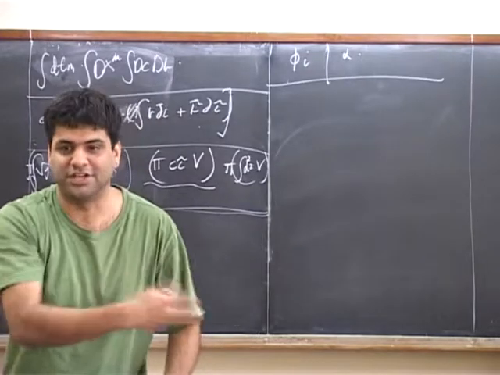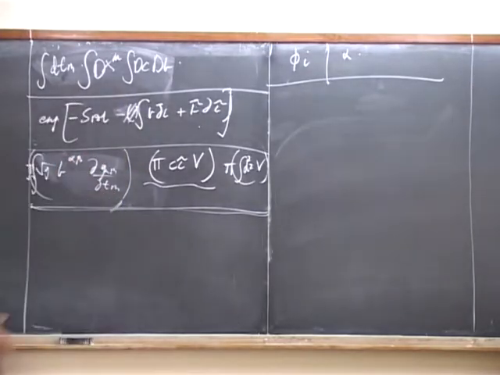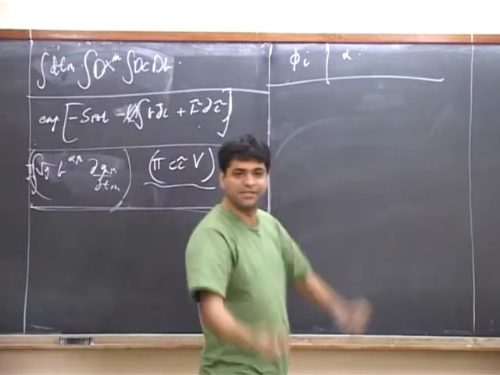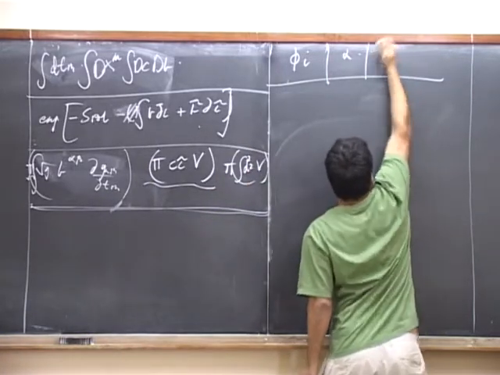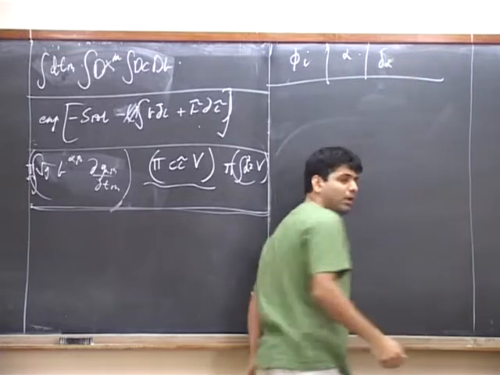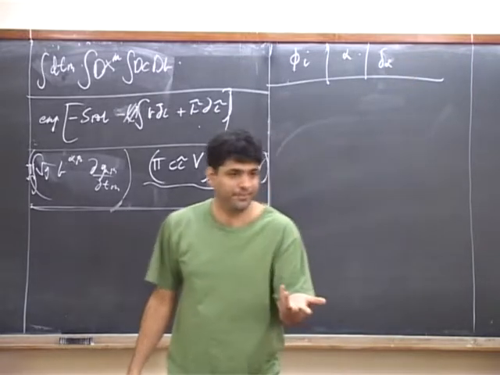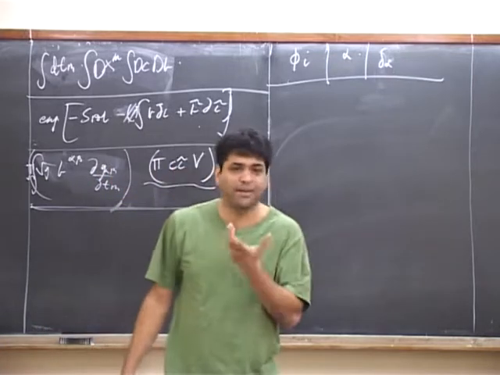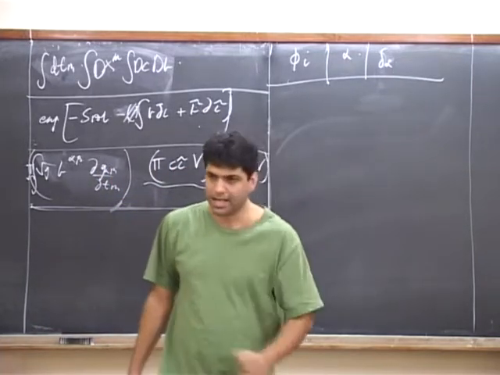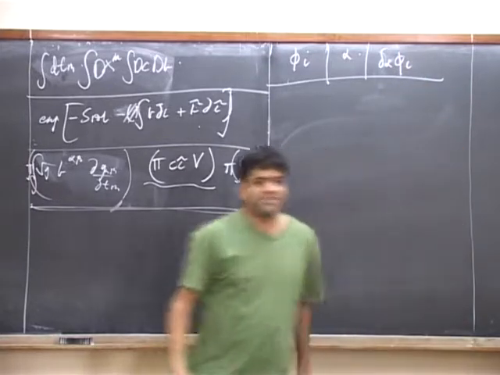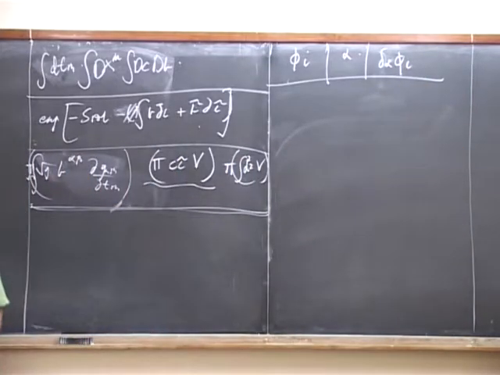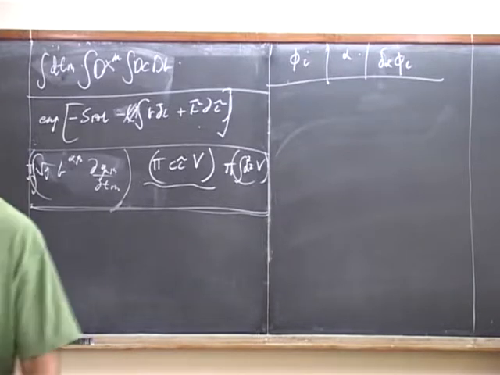Gauge symmetries are generally local in space, so alpha could run over a continuous number of variables. I'll use the symbol delta alpha to denote the variation of any quantity under the gauge transformation parameterized by alpha. In particular, delta alpha phi I will represent the variation of phi I under the gauge transformation parameterized by alpha.